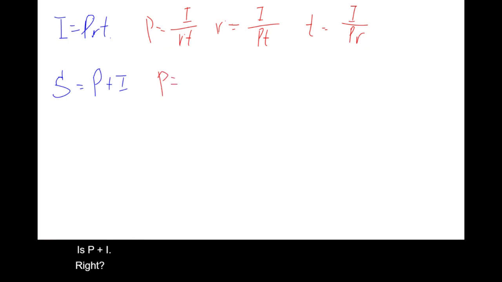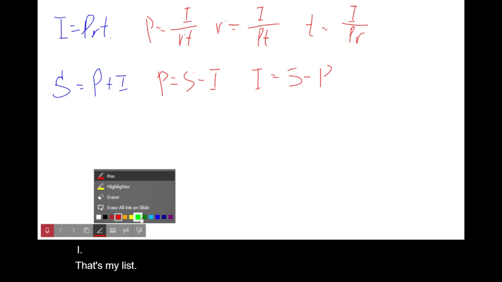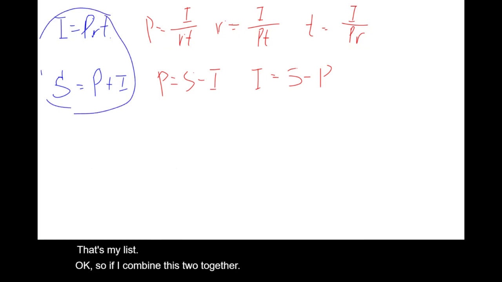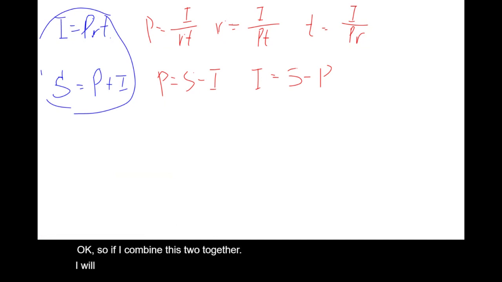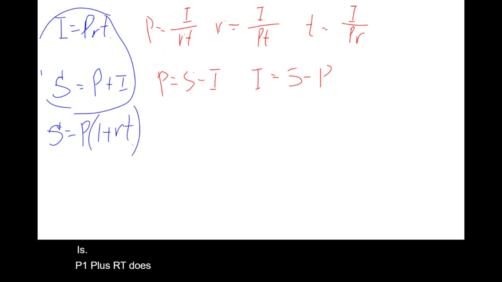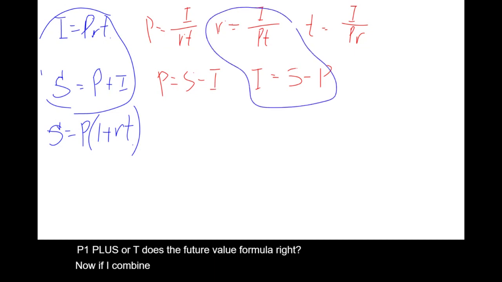So P is S minus I, and I is S minus P. Okay, so if I combine these two together, I will have S is P(1 plus RT). That's the future value formula, right? Now, if I combine these two together, I will have R is (S minus P) over PT.